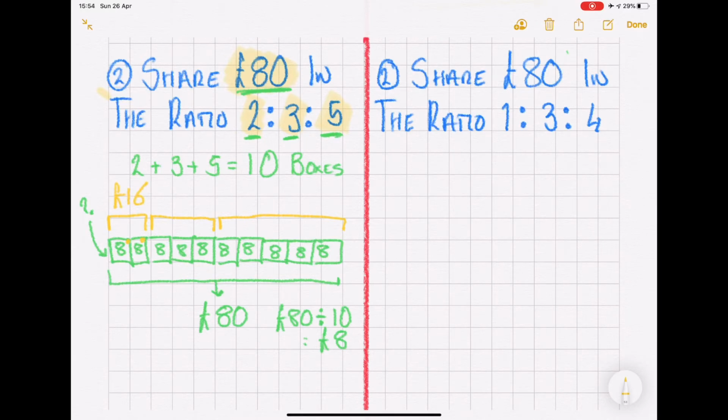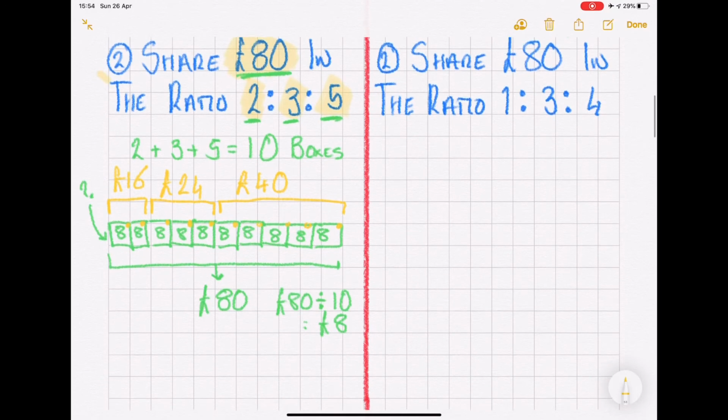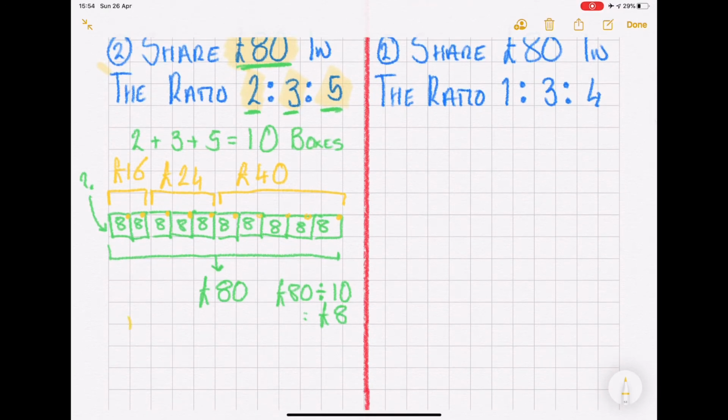These 3 boxes added together, that's £8 plus £8 plus £8 is £24. And these 5 boxes added together, 8 plus 8 plus 8 plus 8 plus 8 is £40. So if we share £80 in the ratio 2 to 3 to 5, we end up with £16 to £24 to £40. And that's our final answer.